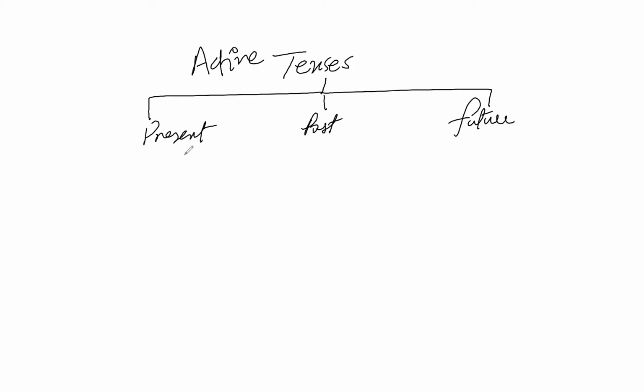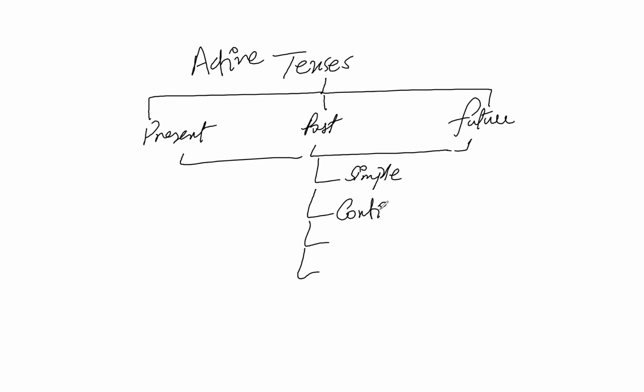Those three sections can be further categorized into four subsections, that is simple, continuous, perfect, and perfect continuous. So this is the active tense categorization.